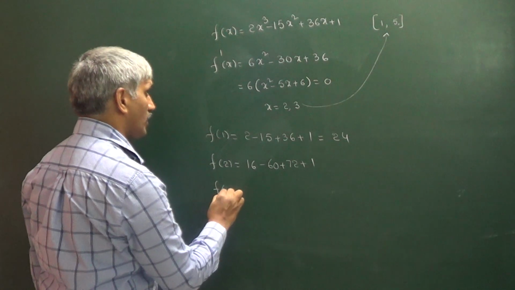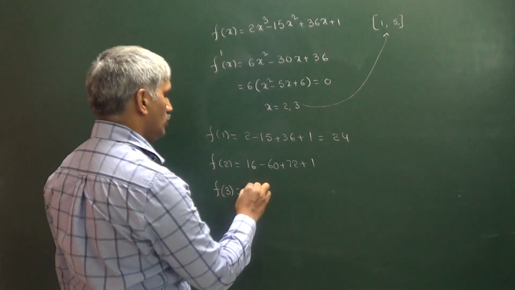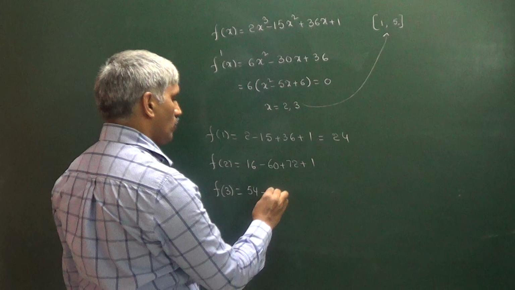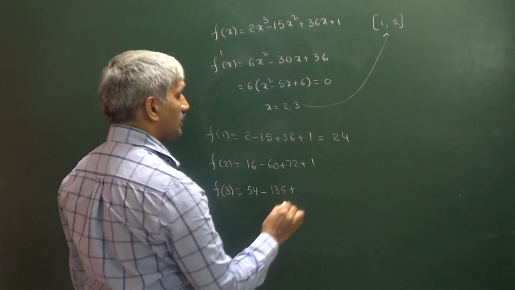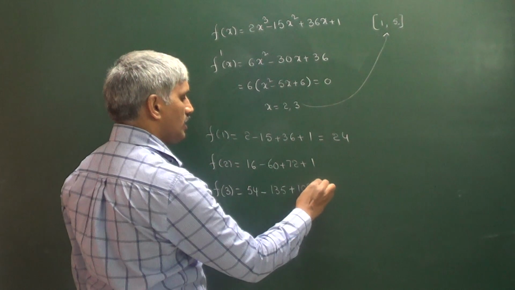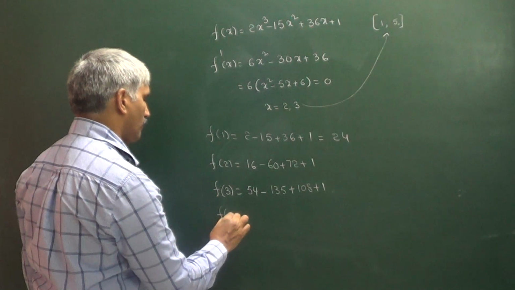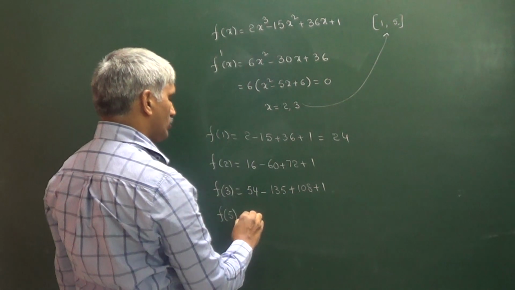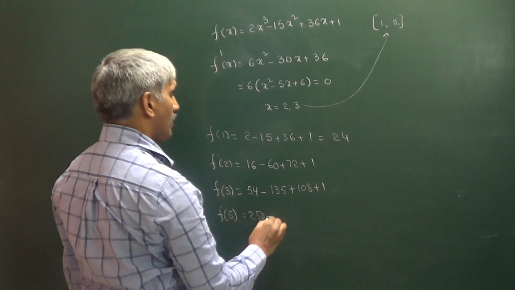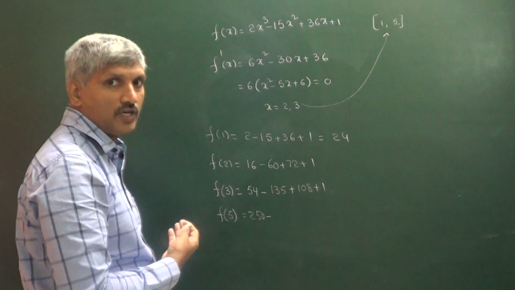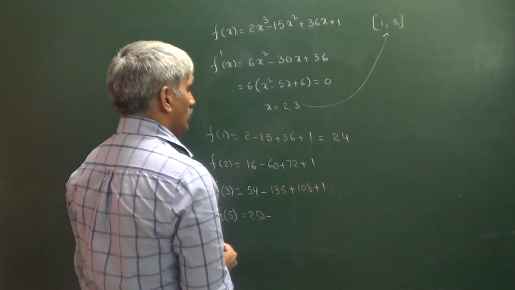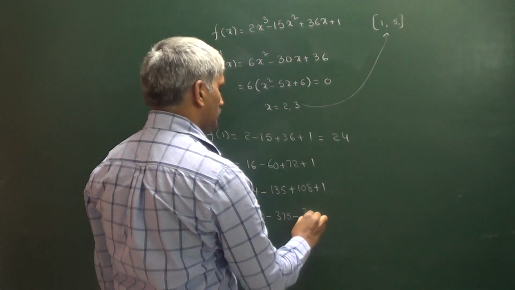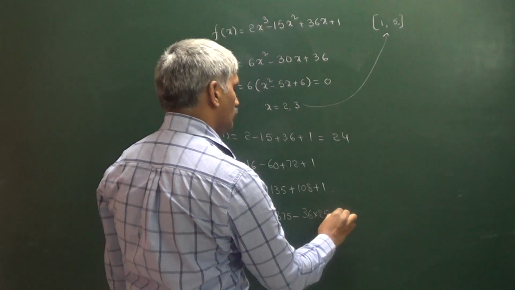Next find out f of 3. f of 3 is equal to 3 cube 27, 2s are 54, minus 3 square is 9, 135, plus 36 into 3 is equal to 108 plus 1. Next we have to find out f of 5. So f of 5 is equal to 5 cube 125 into 2 is equal to 250 minus 25 into 5. 25 into 5 how much? So 25, 250, 375 minus 36 into 25 plus 1.